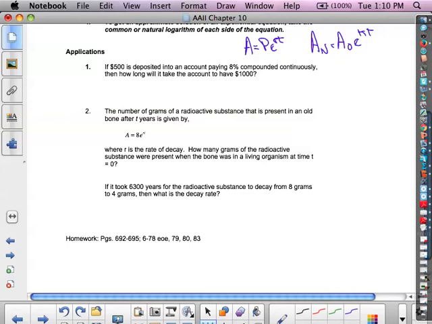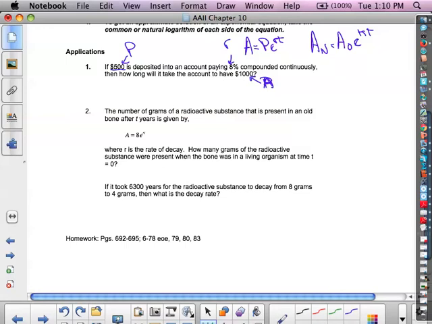Okay, so let's look at the first problem. It says, if $500 is deposited into an account paying 8% interest compounded continuously, then how long will it take the account to have $1,000 in it? So the 500 is the principal P that I begin with. The 1,000 is what I will have after some length of time, that's A. 8% is the rate.